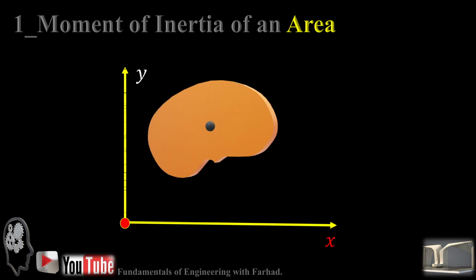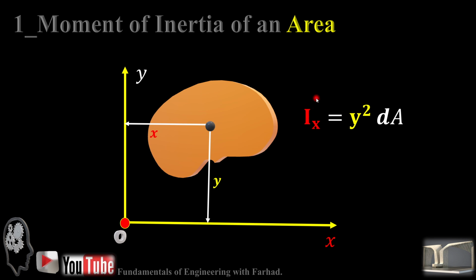So just consider you have an area in a 2D space, and the centroid is located at the distance of x and y to the axes. Then I sub x, the moment of inertia of the area about the x-axis, is equal to the integral of y squared dA.